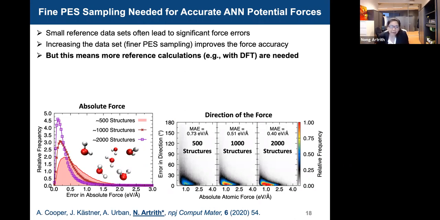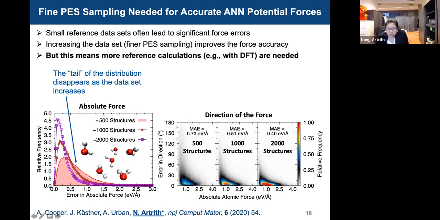So together with April, we introduced new methods, but I just want to demonstrate what I just mentioned here. The x-axis, this is the error in absolute forces. And this is the frequencies, how the forces happen. When you have small number of structures, you can see that the forces have quite large errors, but when we have more data points, the error in forces is quite small.